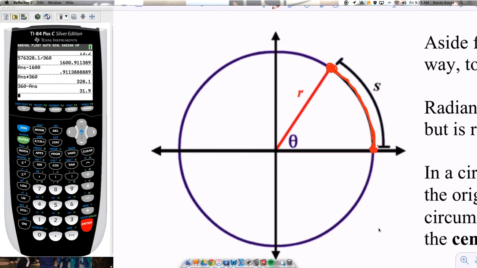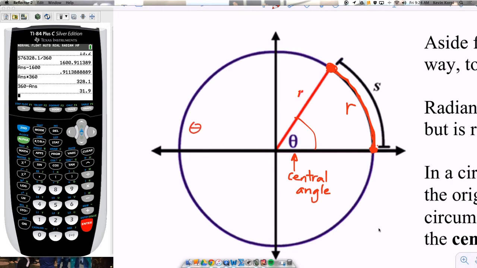This is also the radius, but now it's curved. If where it stops, you draw a line back to the center of the circle, you will get what's called a central angle. In general, that's what we call them, because it's in the center of the circle. And that central angle theta we define to be 1 radian.